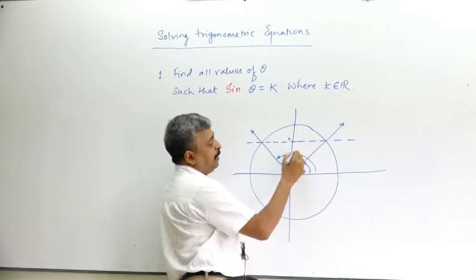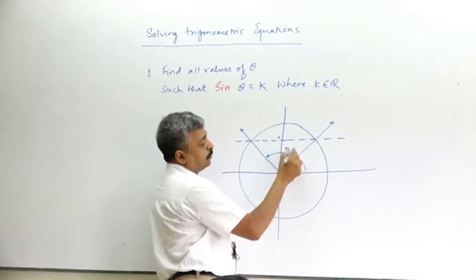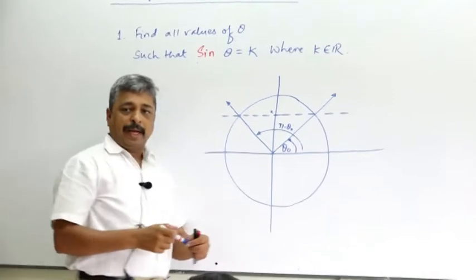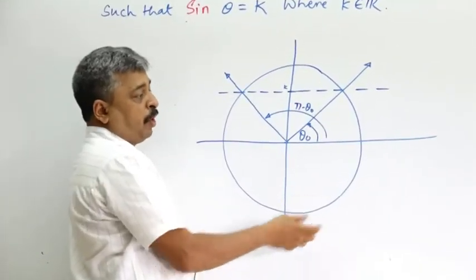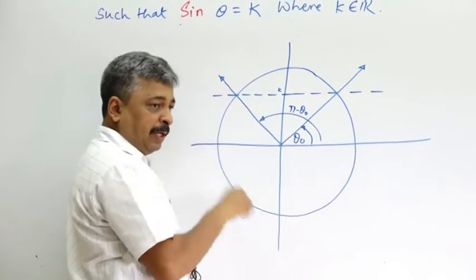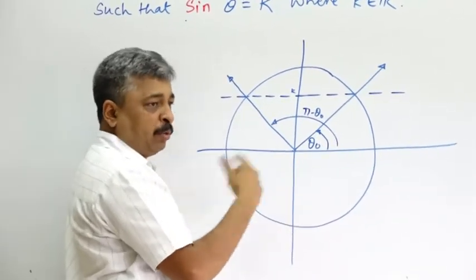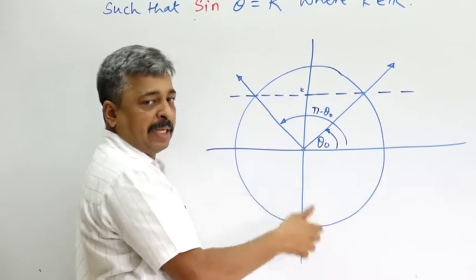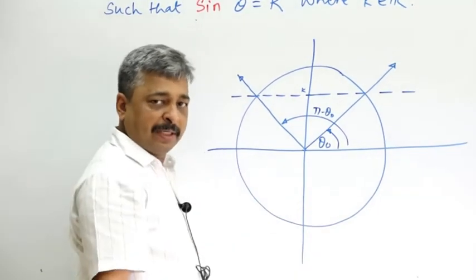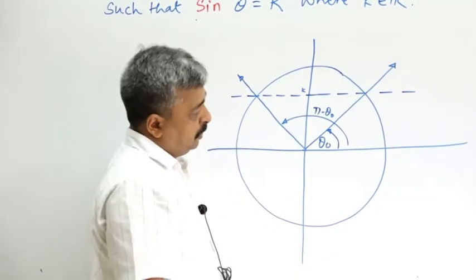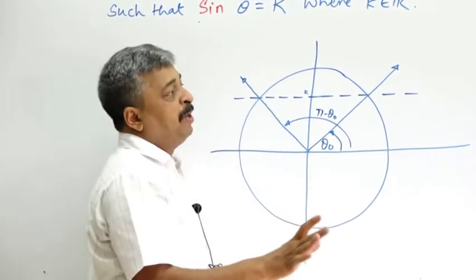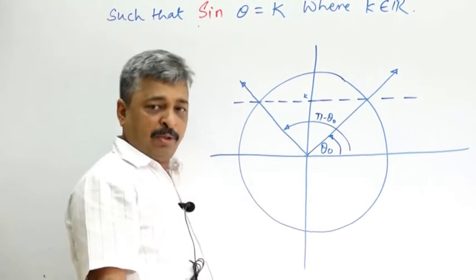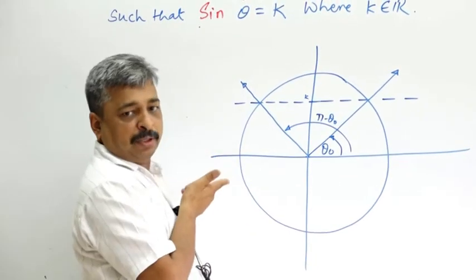So pi minus theta naught is another solution, and then these are the two solutions for principal value, one rotation, and then you keep adding 2 pi plus this, 2 pi plus that, 2 pi plus this, 2 pi plus that will give you additional solutions. Alright, do you understand it? How to represent it in set builder form is another challenge. We will do that. But understanding is important.